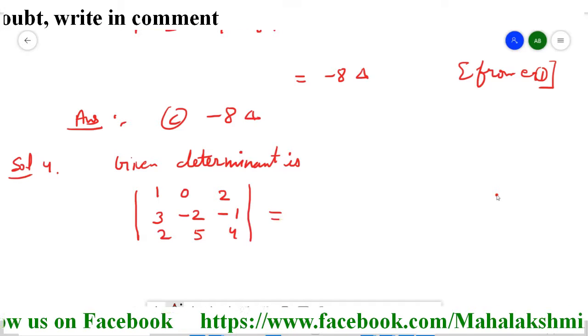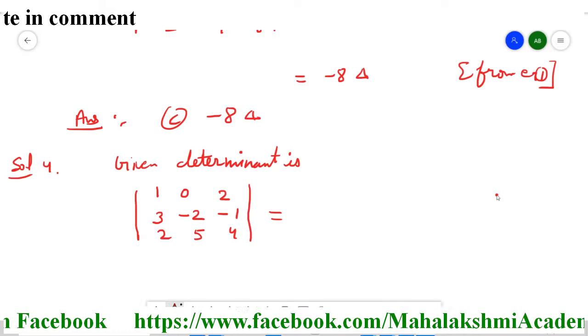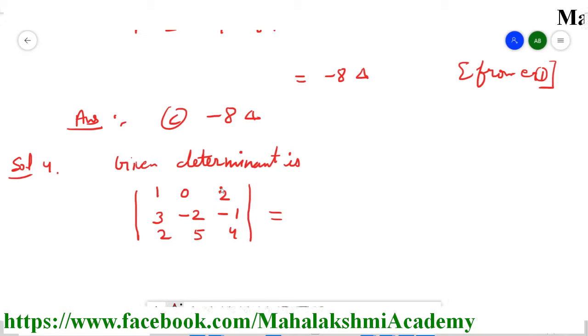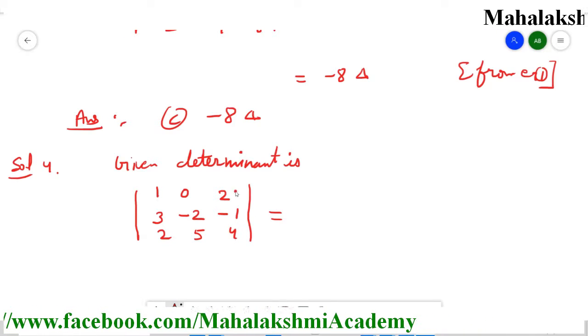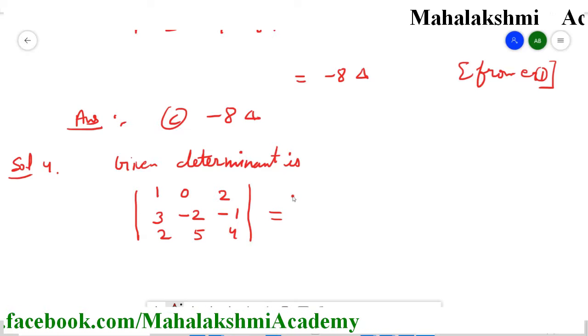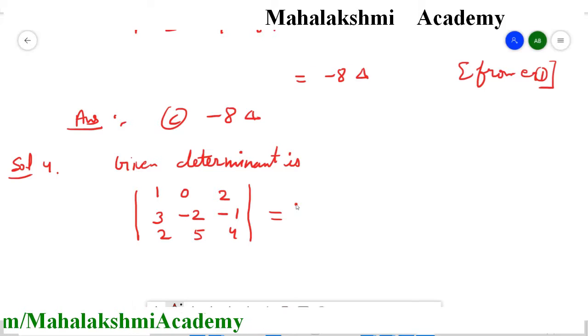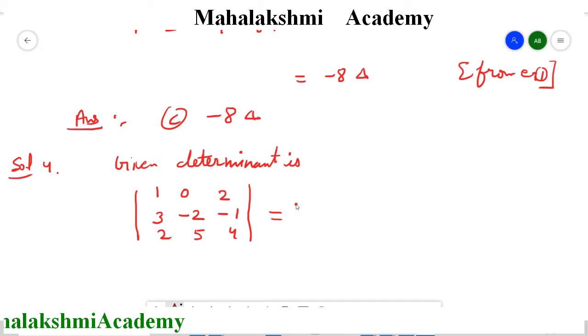Now in this determinant, if we interchange the first row and the third row, we know the property of determinants that if we interchange the rows, then the determinant changes sign.